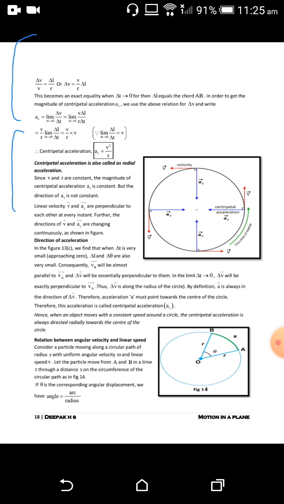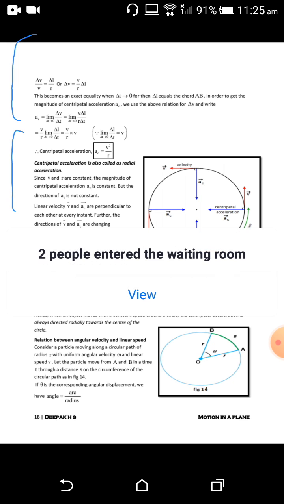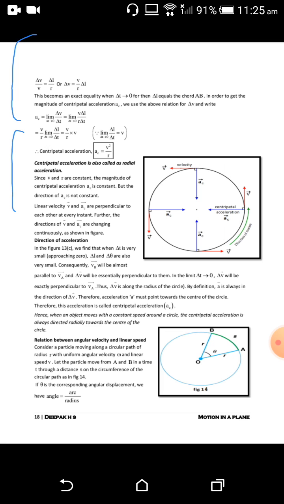Then we take V by R outside, so limit delta T extends to 0 into delta L divided by delta T. V by R we have retained the same. This delta L by delta T is the rate of change of displacement by time, which is V.